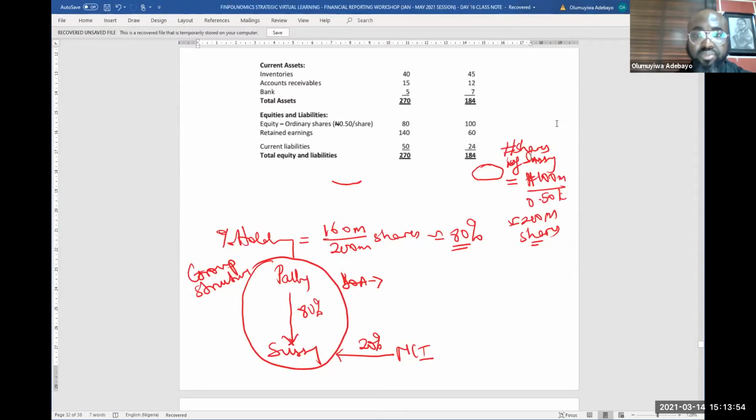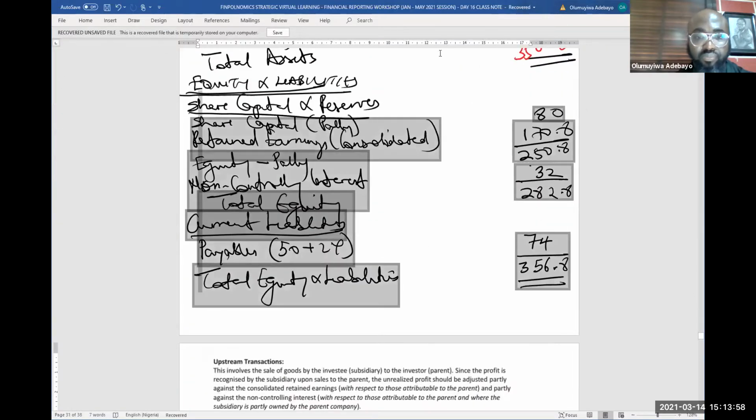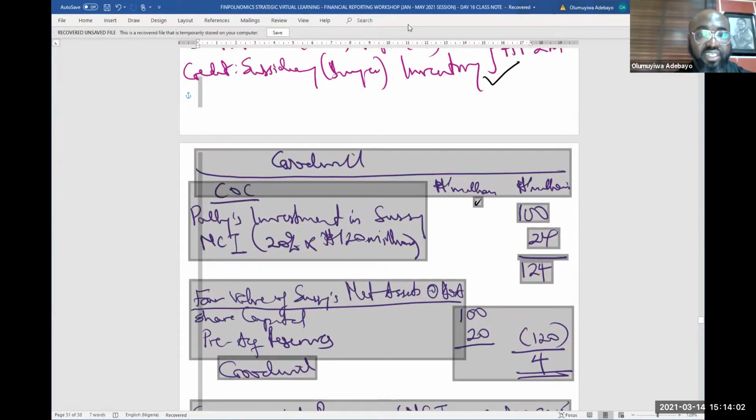Okay, I've copied this. And you see where the difference lies.